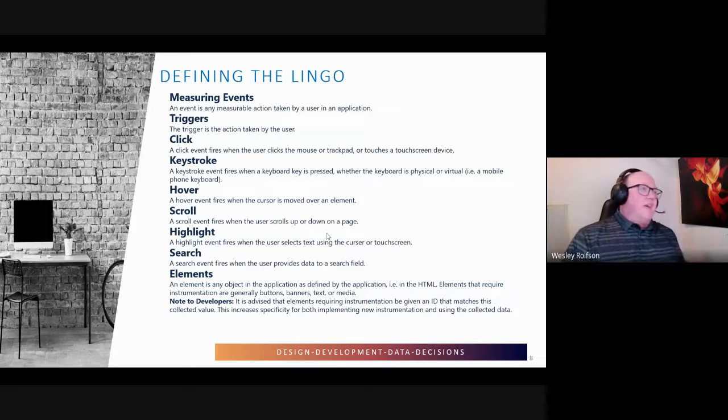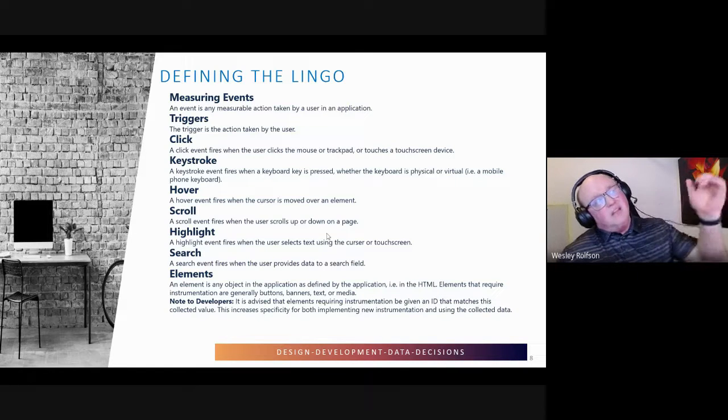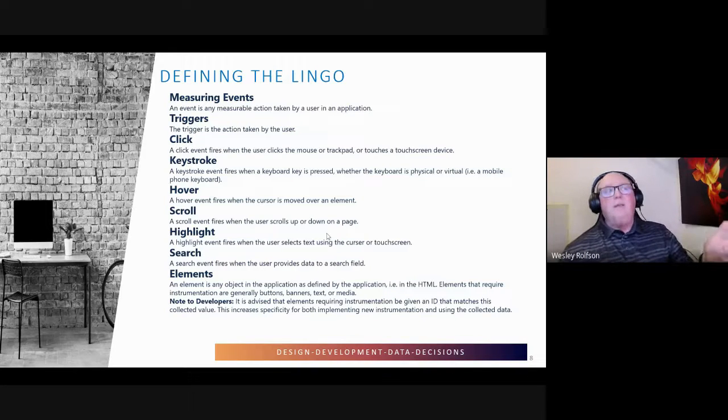And then highlighting text or parts of a website. And then search events, you have to separate a click. So if they click into the search bar, that's still click. But if they type a word into the search bar, we can capture keystroke.